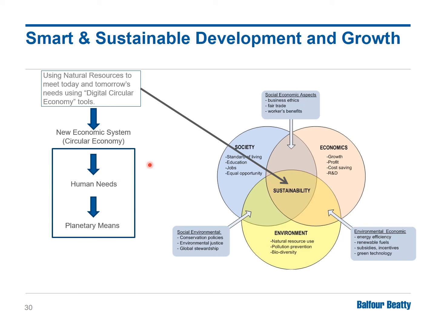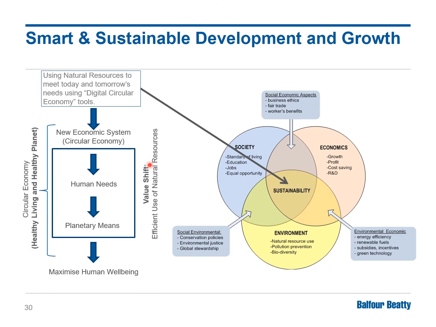So the focus is to maximize human well-being within planetary means. This is where the circular economy is going to help us satisfy these needs, and this is where we are adding value. This is a value shift. All of this combined is setting the smart city and smart rural objectives.